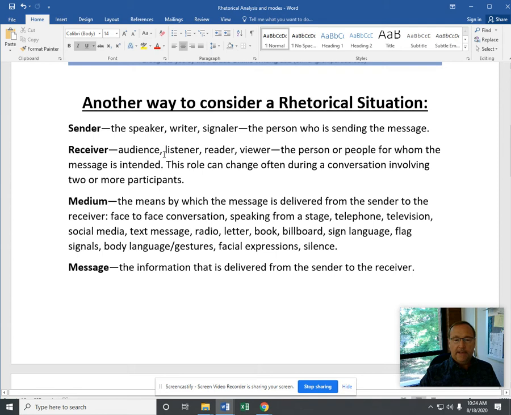We can think of that as the audience, the listener, the reader, the viewer. It could be a person who's watching a movie. It could be a person who's watching a broadcast or listening to a podcast, watching a YouTube video, watching a TikTok. Whatever that person happens to be, those are the receivers, the person or people for whom the message is intended.